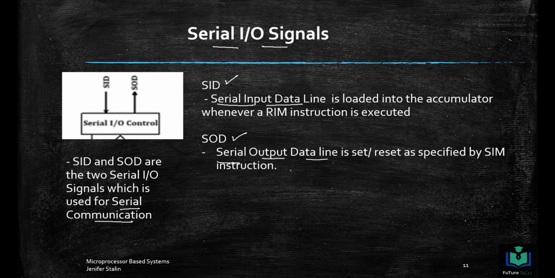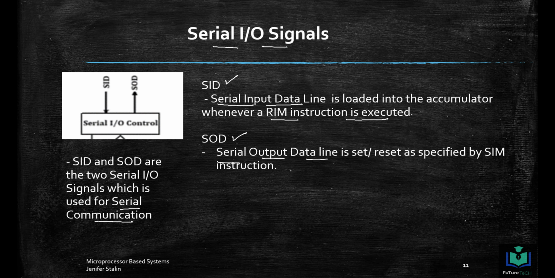SID is loaded into the accumulator whenever a RIM instruction is being executed. RIM is called read interrupt mask.